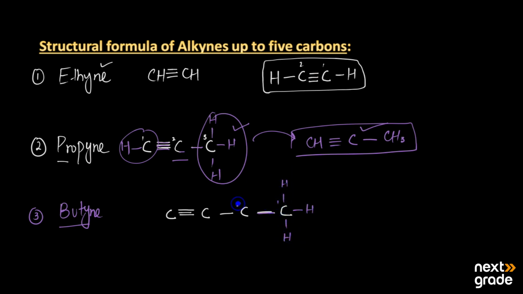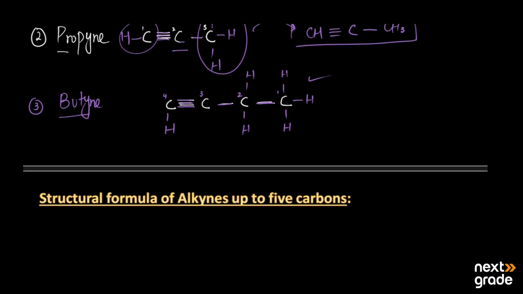Next, carbon number 2 has two bonds, so it will have two more hydrogens, because the valency of carbon is 4. Carbon number 3 already has four bonds, so it needs no more hydrogen. The last, fourth carbon needs one more hydrogen. So this is the structural formula for butyne.